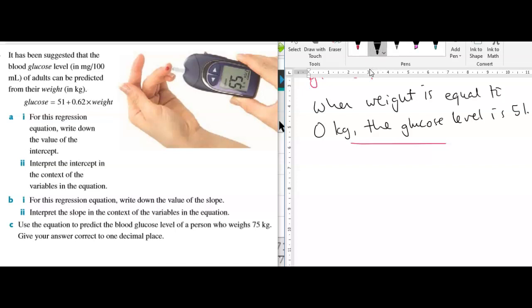Your slope, remember, is the coefficient of your explanatory variable. In this case, it's 0.62.